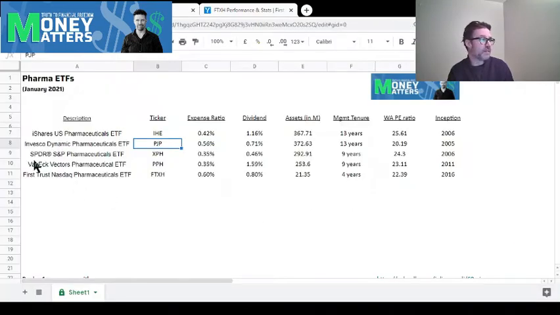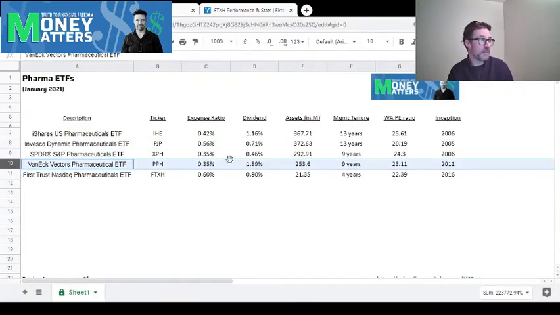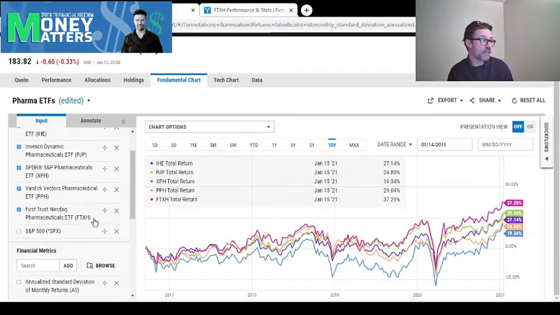If you're more into dividends, this one may be something you're more interested in. It's got a low expense ratio and the highest dividend yield at 1.59%. That's VANEC. So if we take a look at that, in 3-4 years, it's the one that's performed the second best. It's not bad at all. So that could be a nice option.